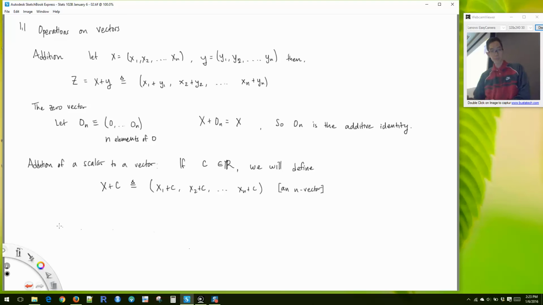Then we have scalar multiplication. Same thing: we let x equal this vector, and if we say y is equal to c times x, this is each element of x multiplied by c: c times x1, c times x2, all the way up to c times xn.